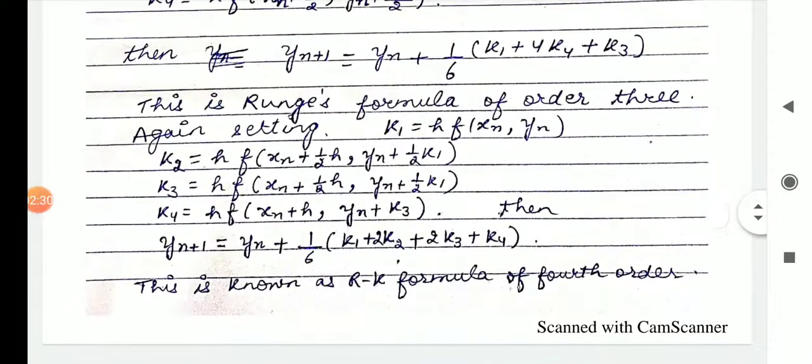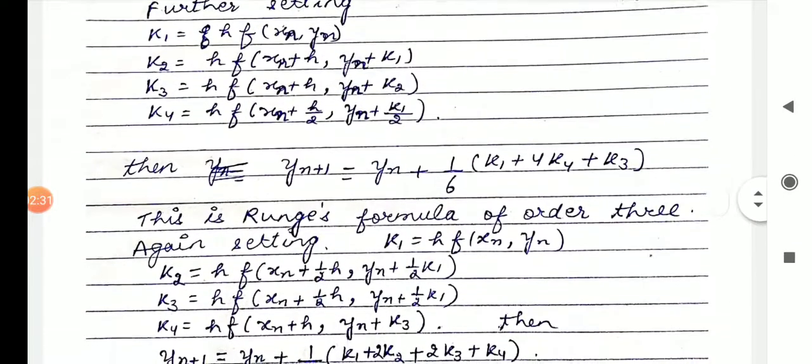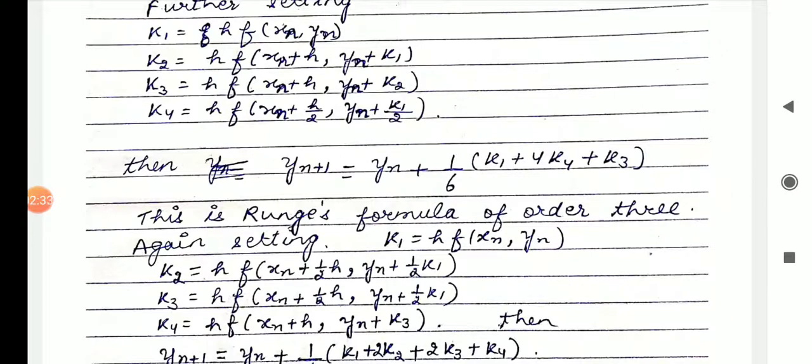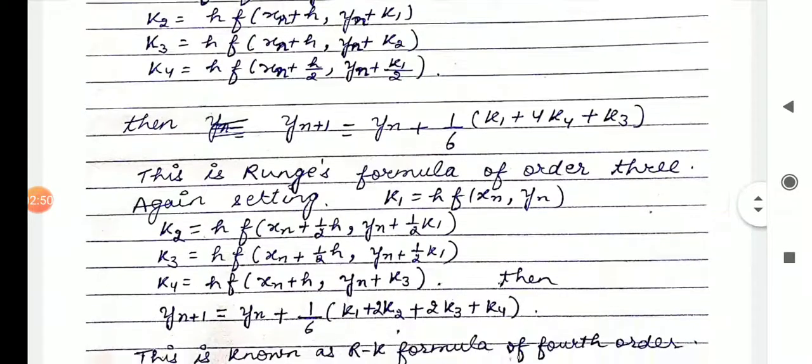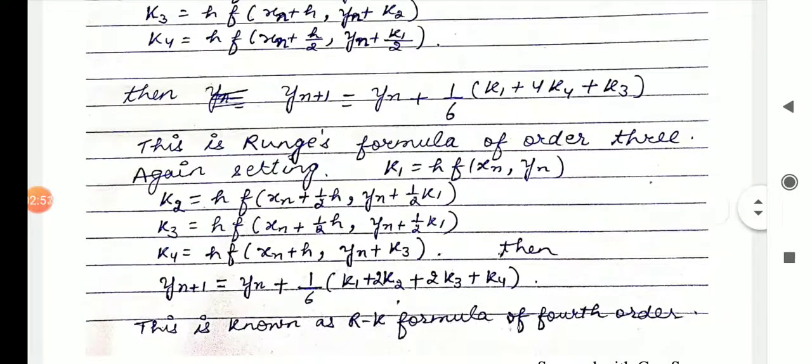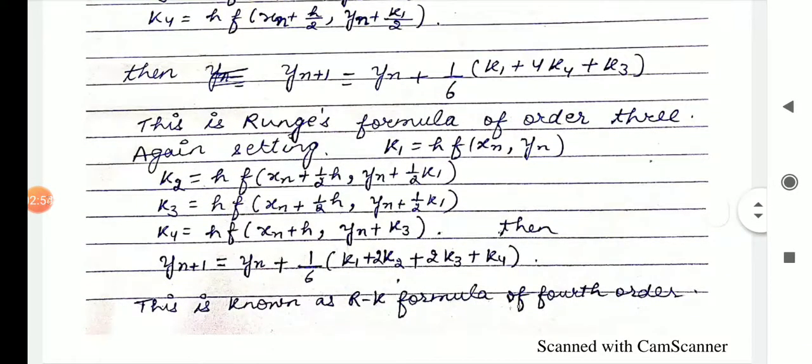Again, setting k1 as h times f(x_n, y_n), k2 as h times f(x_n plus h by 2, y_n plus k1 by 2), k3 as h times f(x_n plus h by 2, y_n plus k2 by 2), and k4 as h times f(x_n plus h, y_n plus k3), and y_{n+1} is equal to y_n plus 1 by 6 times k1 plus 2 times k2 plus 2 times k3 plus k4.